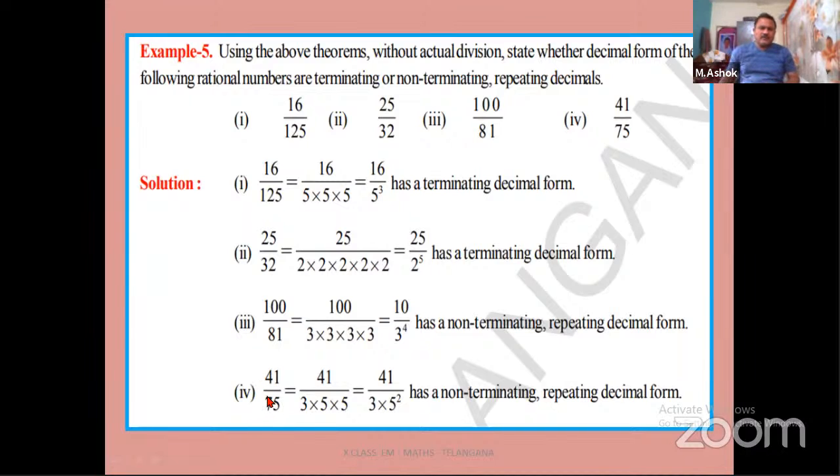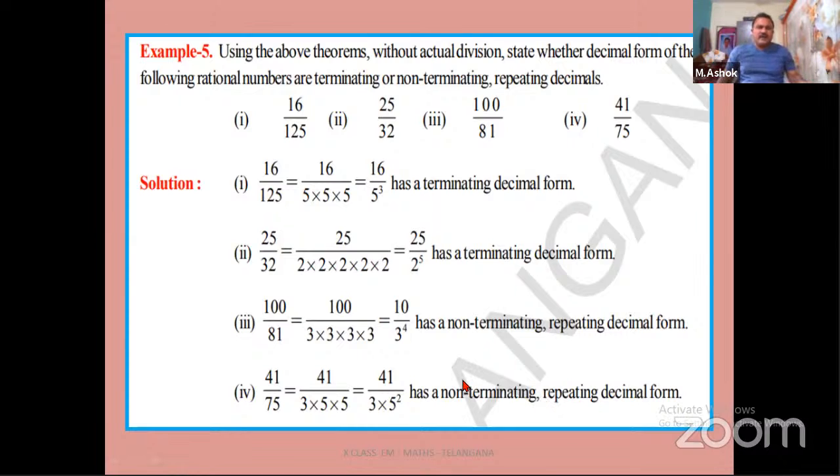In example number 4, 41 by 75. 75 can be written as 3 into 5 into 5. So 41 by 3 into 5 square. Here, along with 5 square, 3 is there, so clearly it is non-terminating.